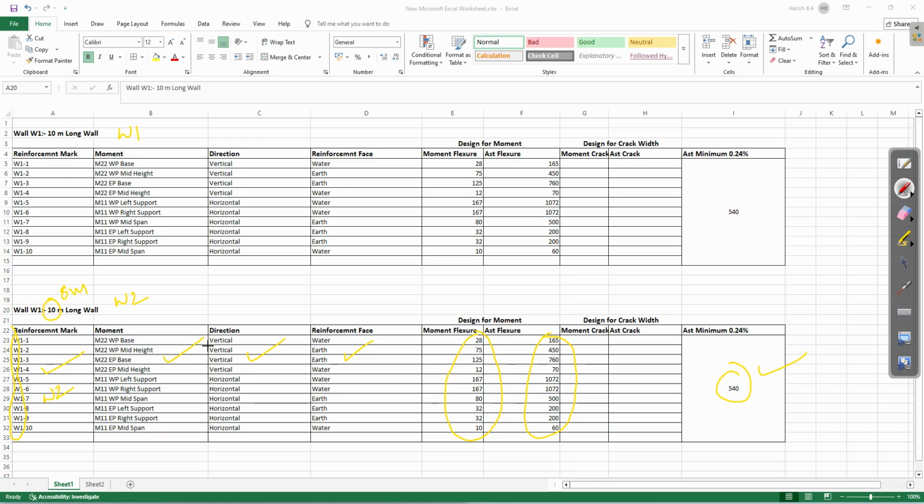So this is for your assignment. This has to be completed. Whatever steps I explained for 10-meter wall, you have to repeat the same for 8-meter wall. So in the next video, we will see crack width design.